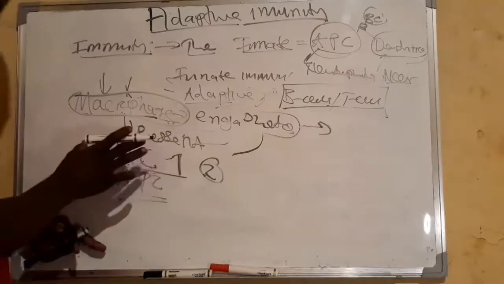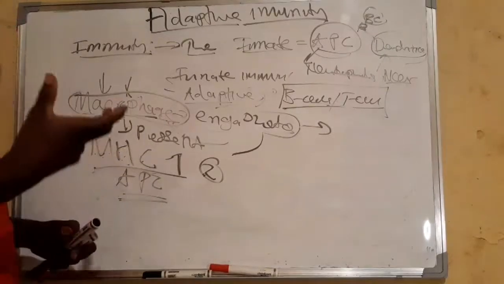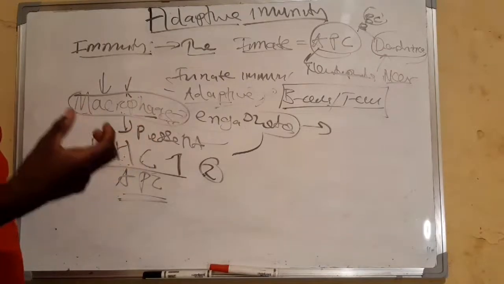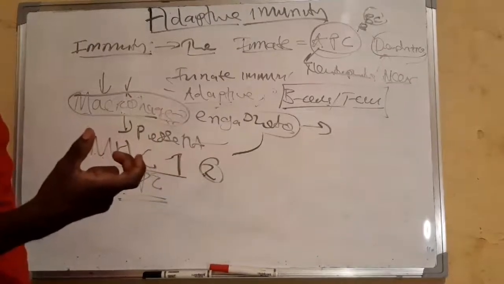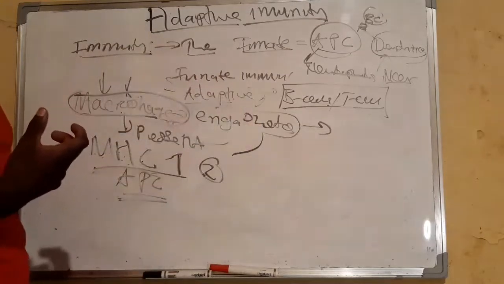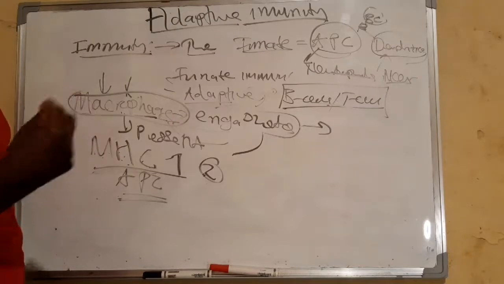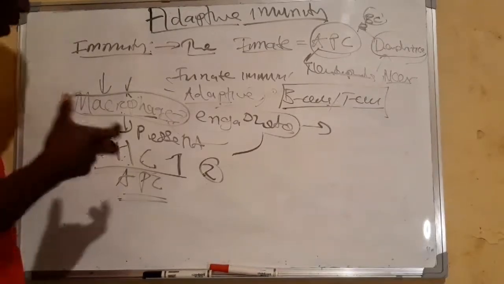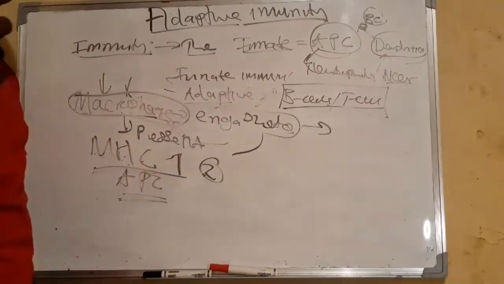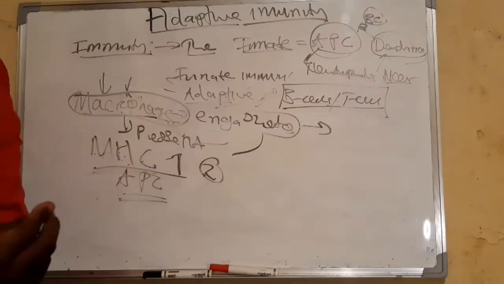The function of major histocompatibility is to present a foreign particle or a processed antigen to the adaptive immune cells, such as the T lymphocytes, so that when this is presented to it, the T lymphocytes can now become activated.